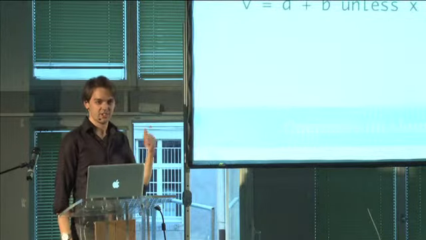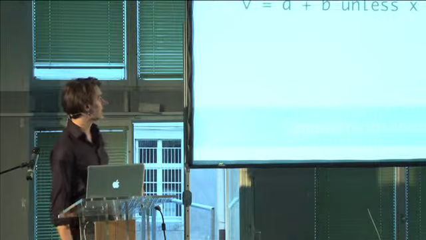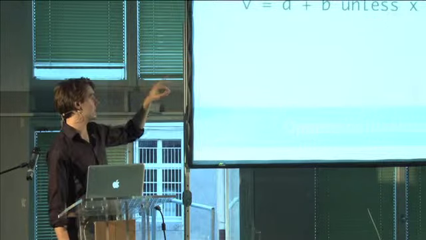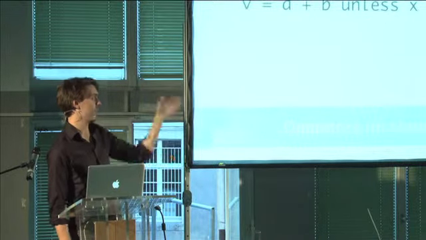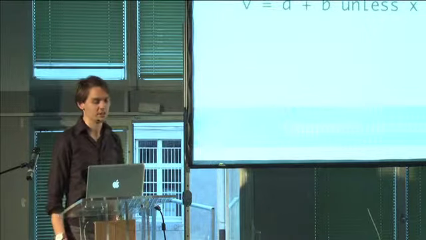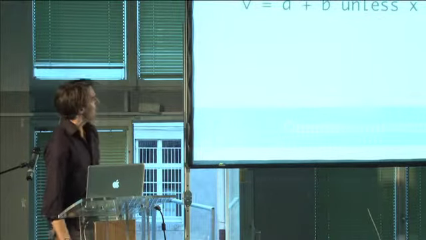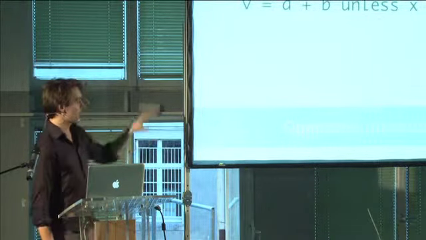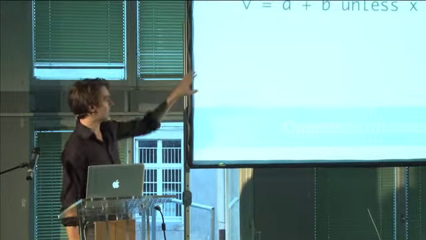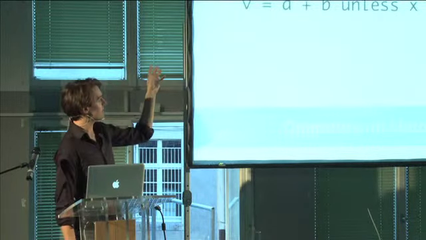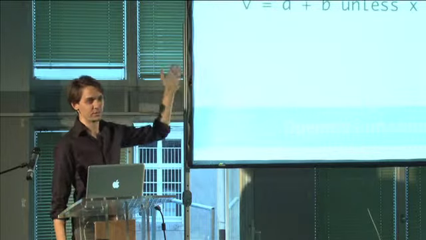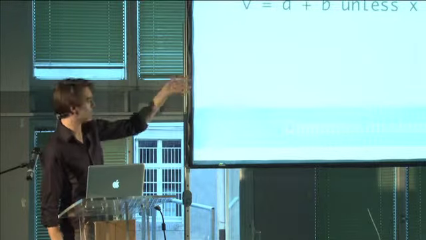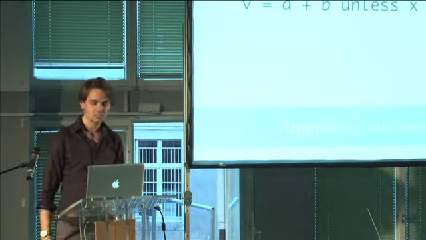Maybe you've used CoffeeScript and seen this. What it means is that we will assign V to be A plus B unless X is larger than Y. So that's kind of an operator. A lazy one again. It evaluates the right part first, and then it runs the left part depending on the truthiness of the right part.